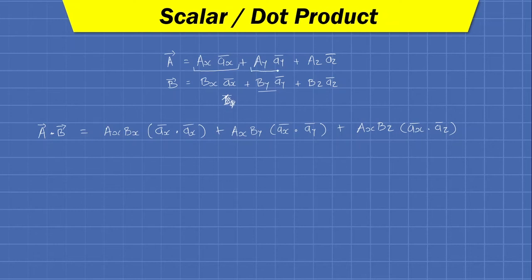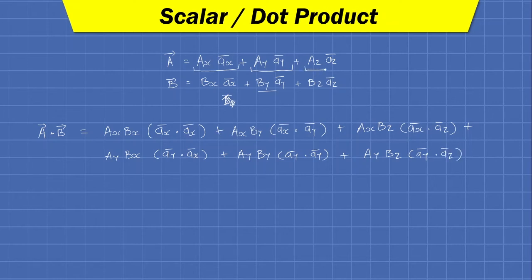Now we will take second term. So it will result in ay bx, ay bar dot ax bar plus ay by, ay bar dot ay bar plus ay bz, ay bar dot az bar.